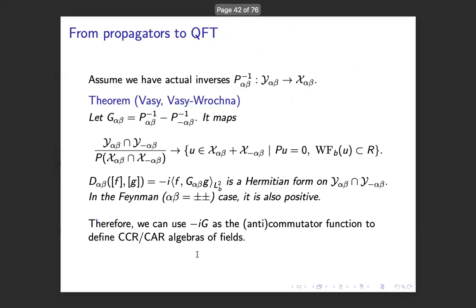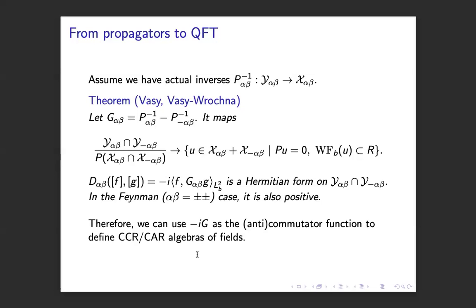Anyway, you have inverses, and then you mimic this construction for Klein-Gordon on globally hyperbolic spacetimes, where you take the difference of the inverses, the advanced and retarded propagators, and it's going to give you a version of this map.